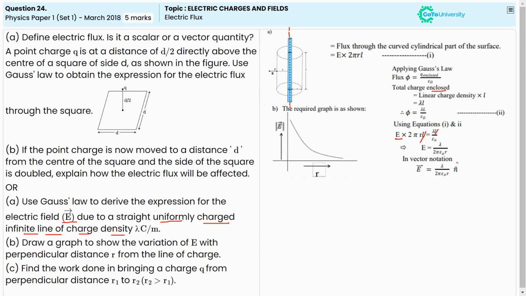And the second one here: draw the graph to show the variation of electric field E with perpendicular distance R from the line of charge.